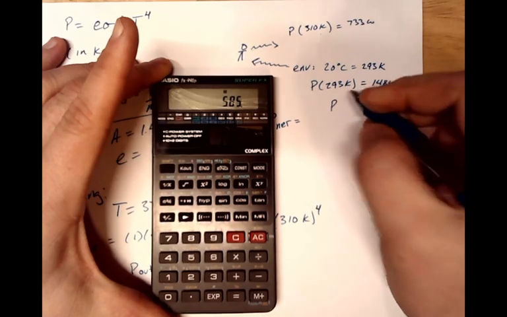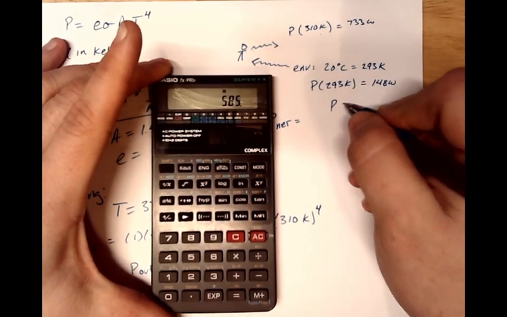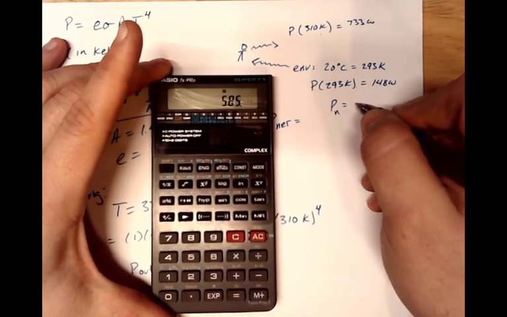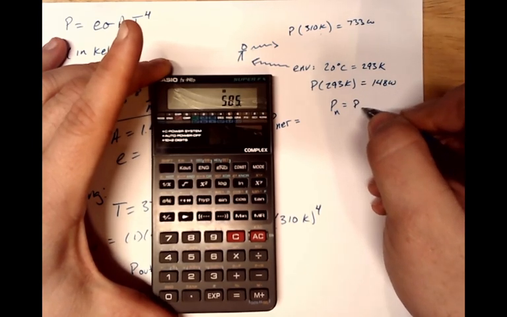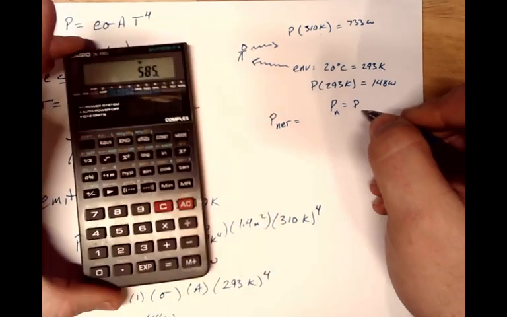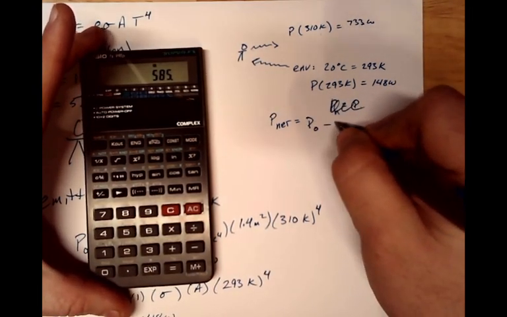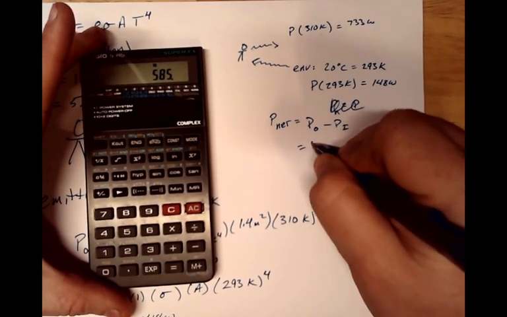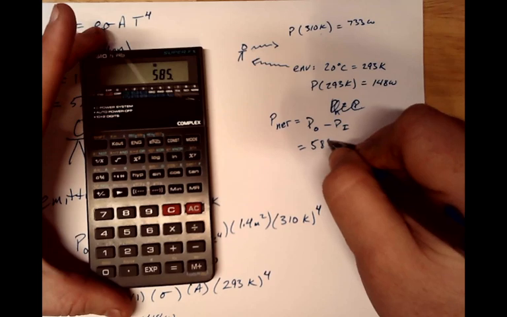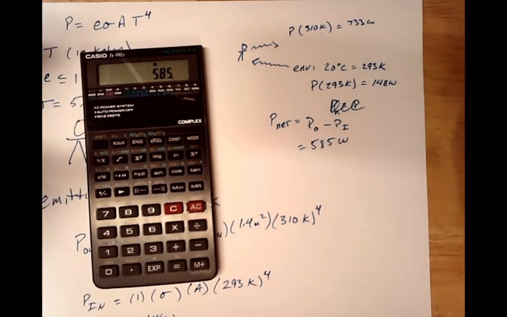I did calculate, I just didn't write it down. So the net power is the power out minus the power in, which ends up being 585 watts. So what does that mean in terms of the energy you need during the day?